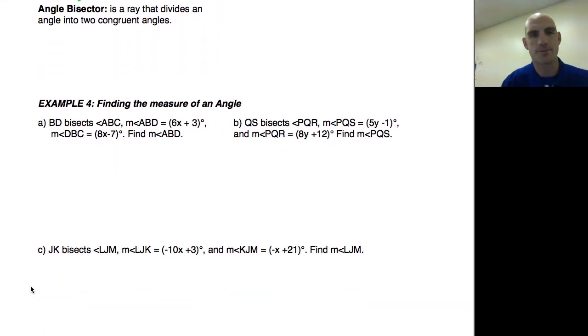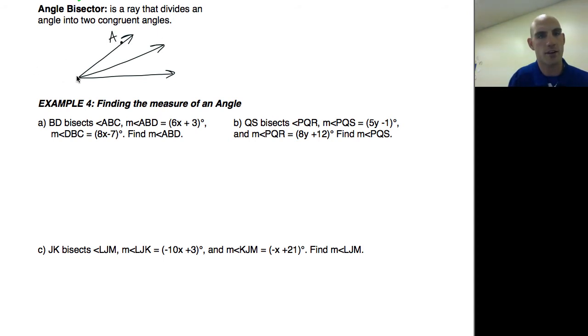An angle bisector. Not surprisingly, an angle bisector is something that cuts it in half. Remember, bicycle, two pieces, two wheels. It's a ray that divides an angle into two congruent angles. So if I call this angle ABC, and I put D out here, we can say that BD is an angle bisector. Of course I need to make sure I label BD.